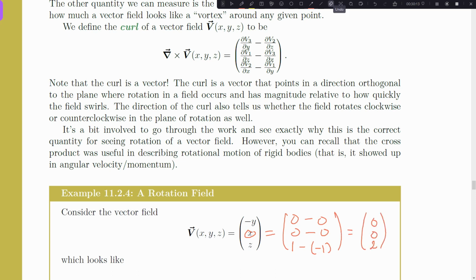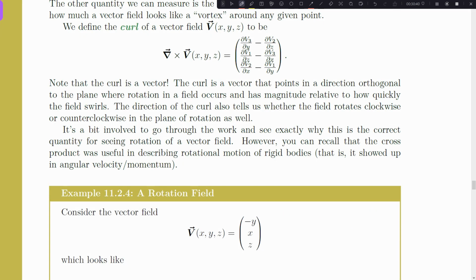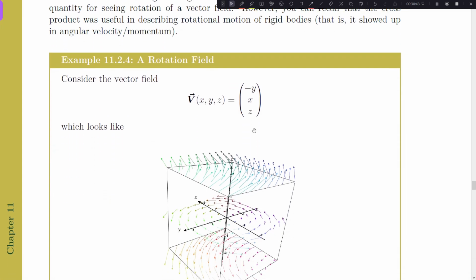So this has a non-trivial curl, but what does this vector mean? What does the vector 0, 0, 2 mean? How does that correspond to maybe some rotational aspects here? So we'll scroll down and let's look at our vector field.